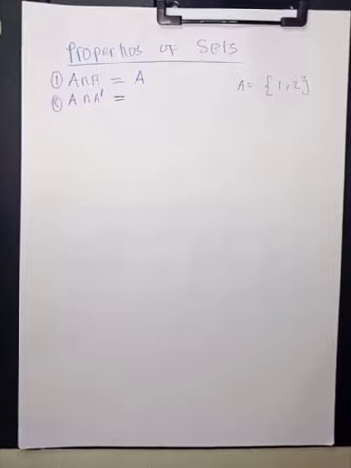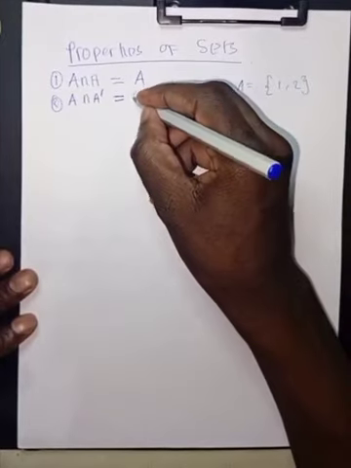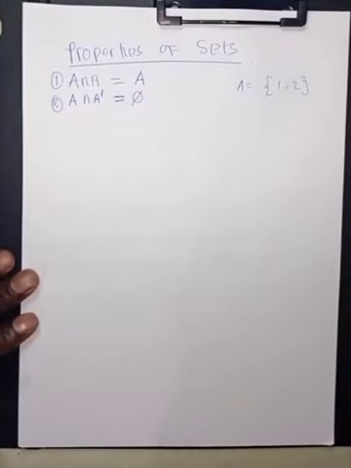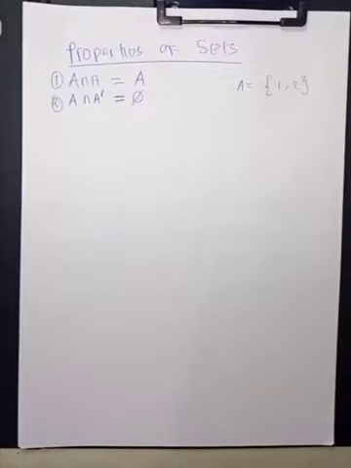So the answer is basically empty set. We can't find a common number between elements inside A and elements completely outside A.